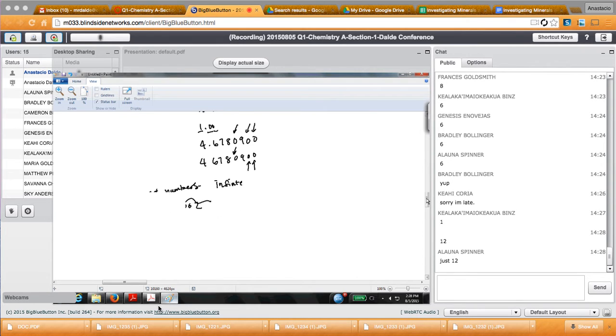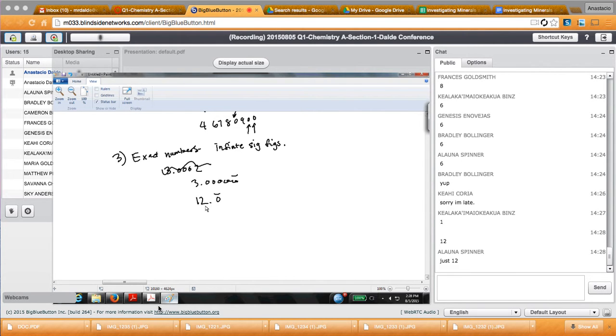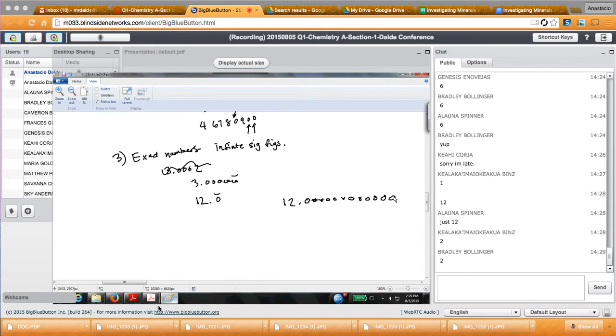So that means there's 1 significant. In a dozen, how many significant figures in a dozen? 12. No. There's 1, 2, 3, 4, 5, 6, 7, 8, 9, 10, 11, 12, 13, 14, and forever and infinity. Exact numbers have infinite number of significant figures. Oh, okay. Exact numbers are exact numbers.